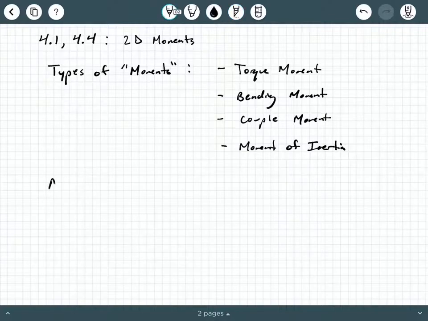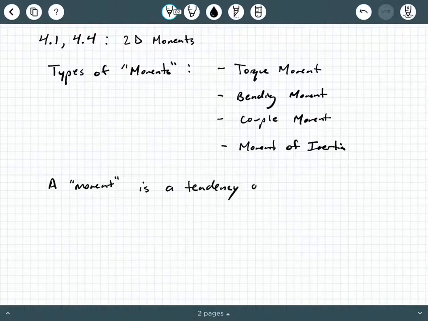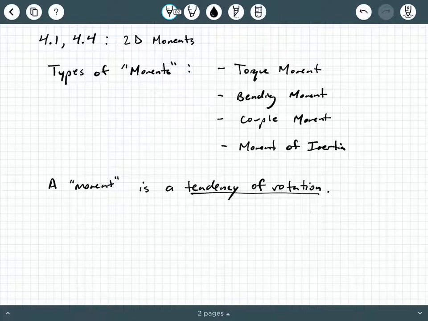So what is a moment? This thing that we call a moment is a tendency of rotation. So basically, when we use the word moment in terms of engineering and statics, we're referring to something that is causing a system to want to rotate somehow.